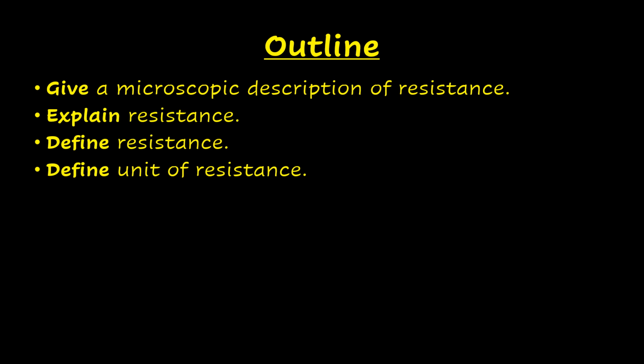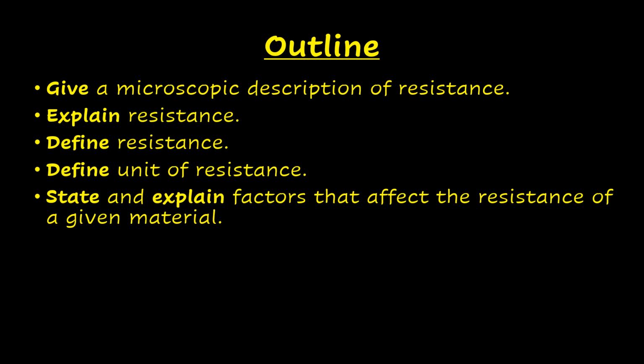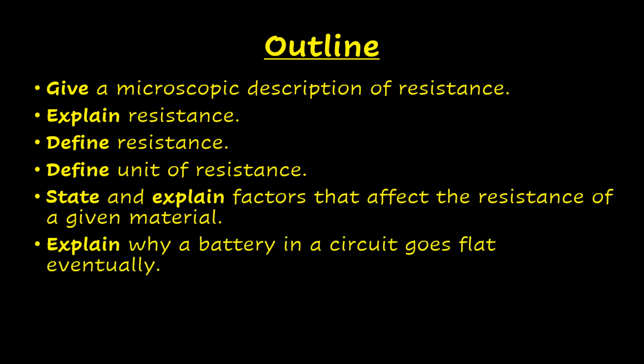Define the unit of resistance, ohm. State and explain factors that affect resistance of a given material, things such as the temperature, the length, and thickness. And last, explain why a battery in a circuit goes flat eventually by referring to the energy transformations that take place in the battery and in the resistors in a circuit.